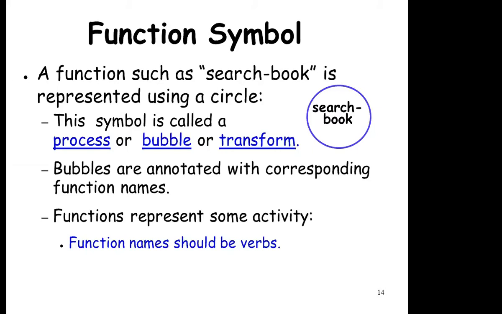And just remember, while naming, the function or bubble has a name and a number. For naming the bubble, you must use a verb, meaning something is being done. For example, the function here is search book, meaning a book is being searched through this function.